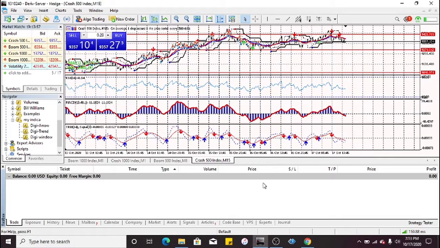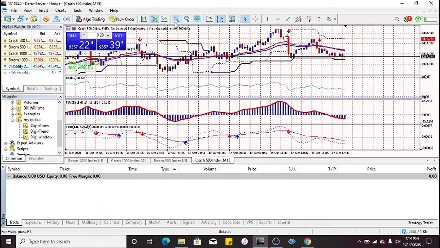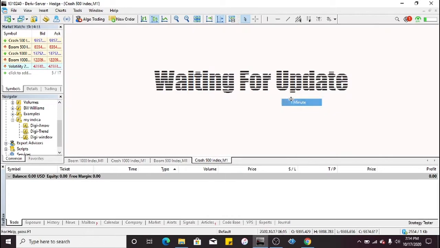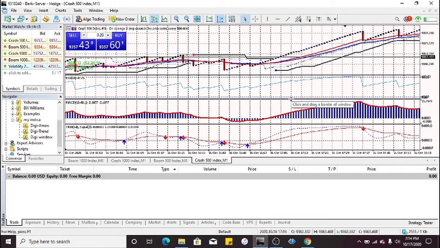So my people, let's go on and see how these indicators work on the Boom and Crash markets. Let's go to the 1 minute time frame. This particular indicator, this tool, helps you to capture a swing.